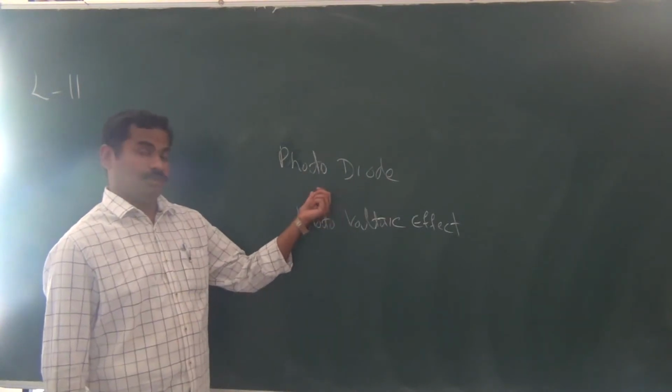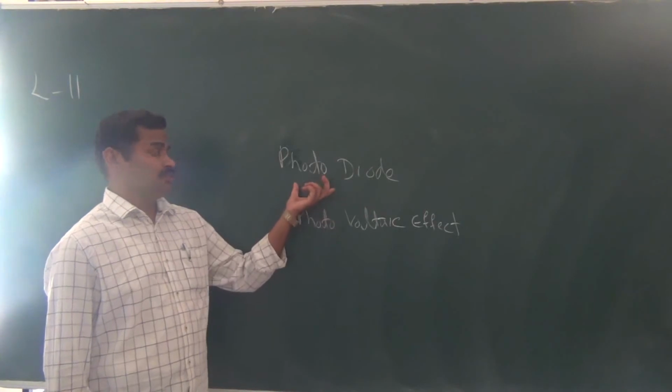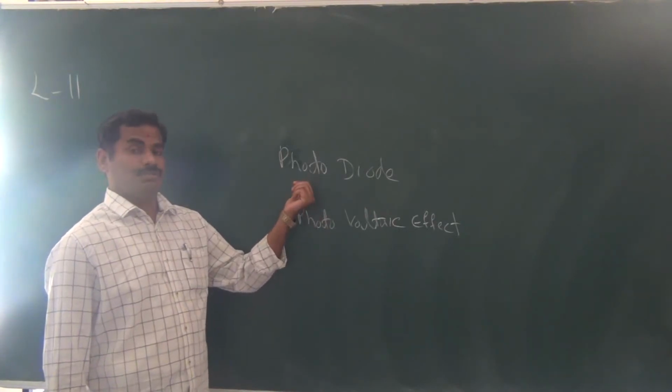The working principle of the photodiode is nothing but the inner photoelectric effect. And as usual, the photodiode works in reverse bias.